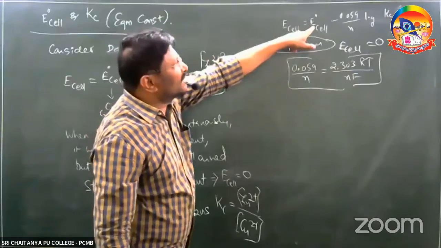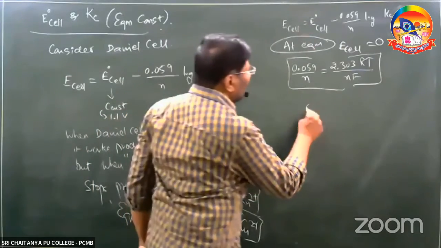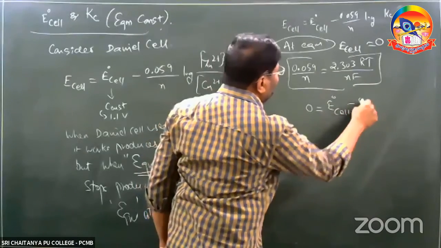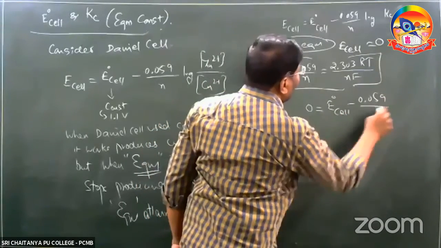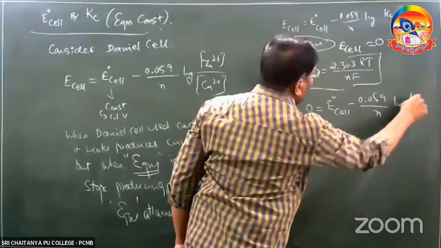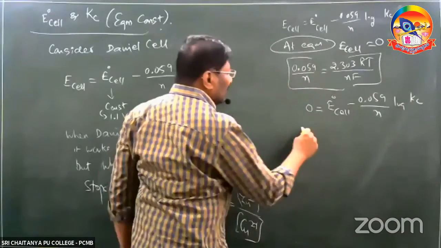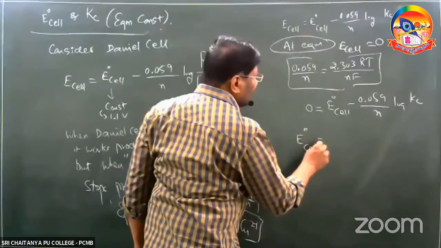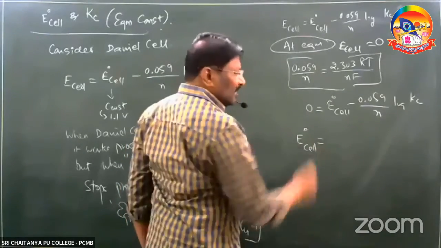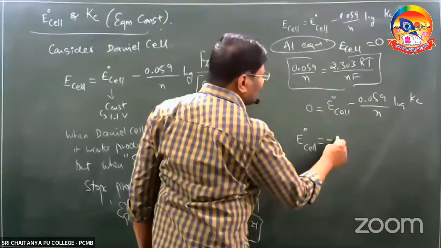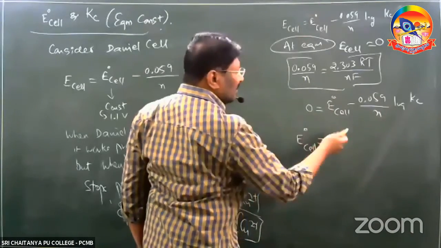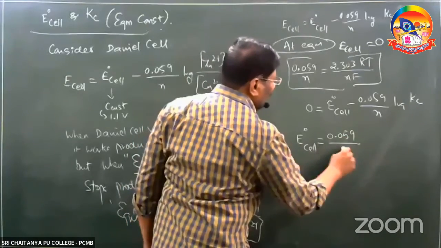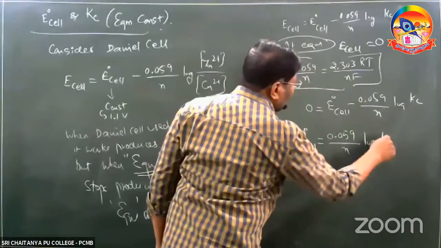E naught cell, so what do you write? 0 is equal to E naught cell minus 0.059 by n log Kc. So we can write like this: E naught cell is equal to, no need for minus because it becomes plus, 0.059 by n log Kc.